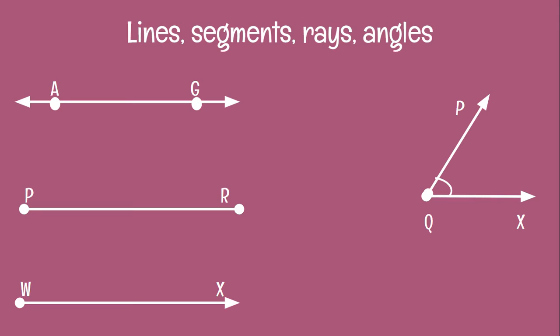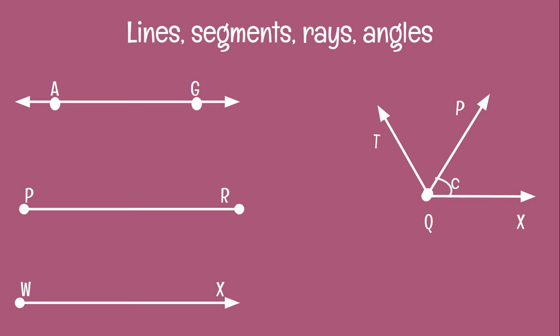And then we have an angle. This is angle PQX. We can also say it's angle XQP, or we can say it's angle Q. However, if we add the ray QT, it is very confusing if we say this is angle Q, since there are two angles that meet at point Q. So now we have to use the three letters to indicate which angle we are talking about.